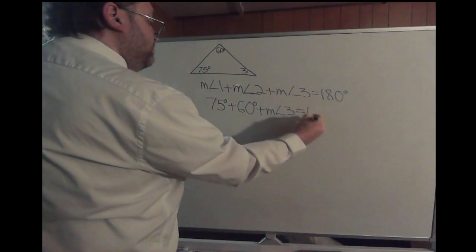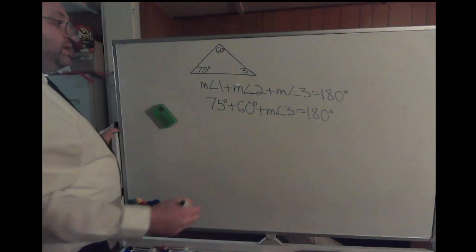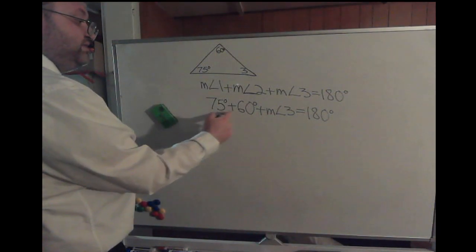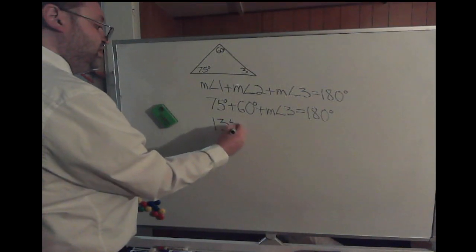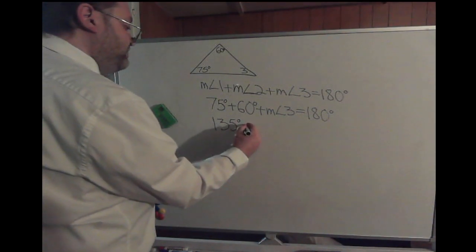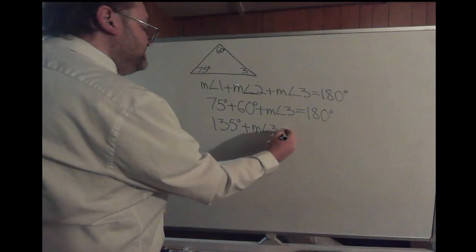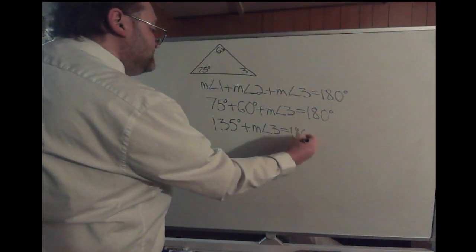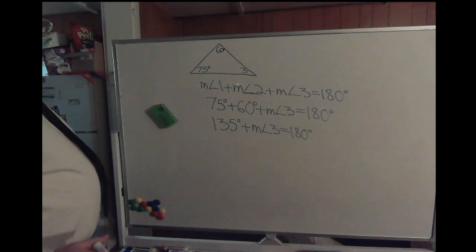No problem. We know that they're going to equal 180 because it's a triangle. What we should first do is add up 75 and 60. You'll get 135. So you'll have 135 degrees plus the measure of angle 3 is equal to 180 degrees. Well, since you don't know the measure of angle 3, that's your unknown.